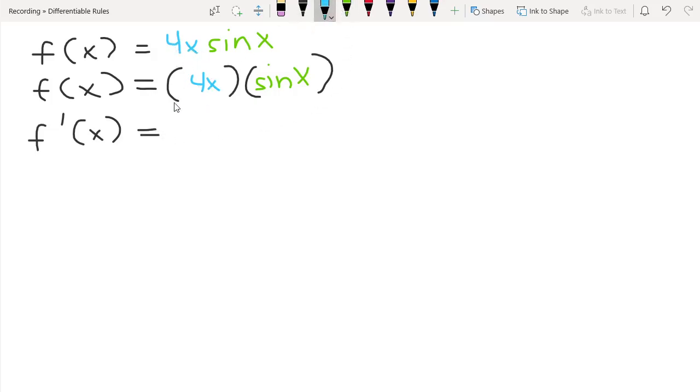So f prime of x is equal to, first we're going to go f of x, so in this case it's 4x, and I'll put in parentheses so that it's easier to see, 4x, and then we need the derivative of g of x, which in this case is sine of x. So the derivative of sine of x is just cosine of x. So now we have cosine of x.